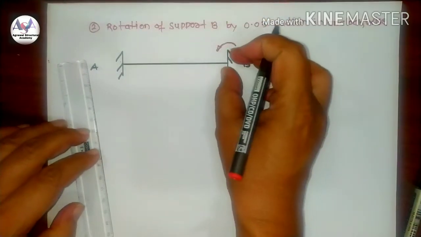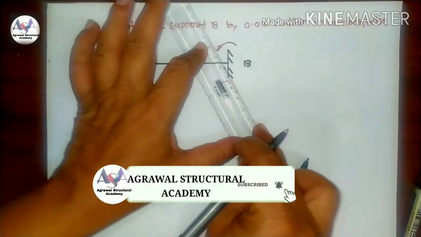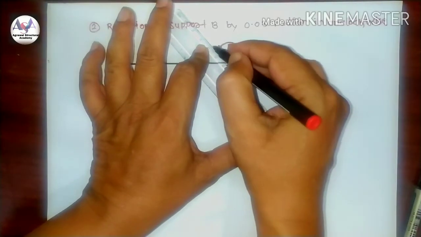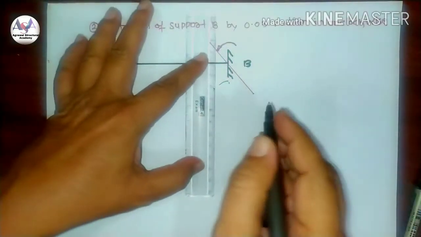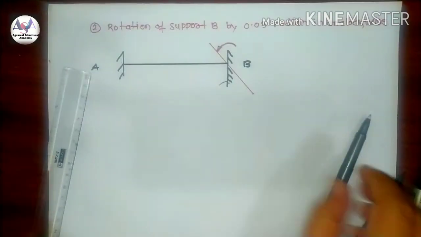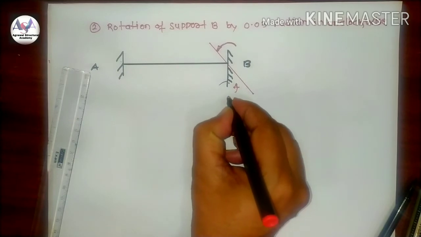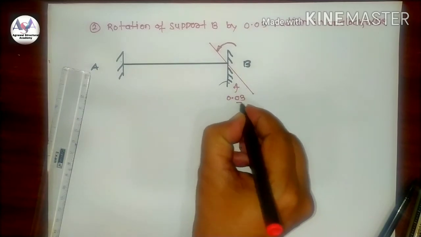So we can say that this rotation is 0.03 radian.